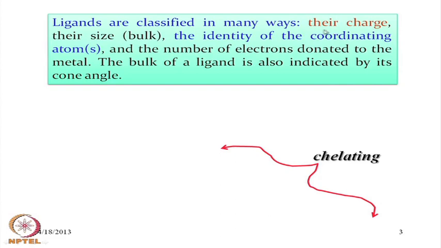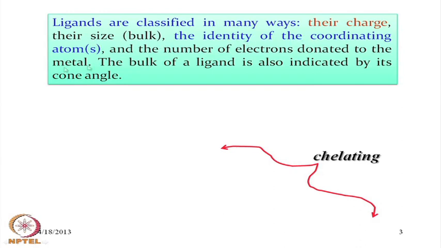If there is no charge, as we have seen just now, if we have only a water molecule or only an ammonia molecule, there is no charge, so those are considered neutral ligands. Then their size, how big they are, depends upon the donor atoms, which can vary from nitrogen to oxygen to sulfur to phosphorus. Also, if it is a chelating one, that means it has two binding points, and the size of the ring is also important.